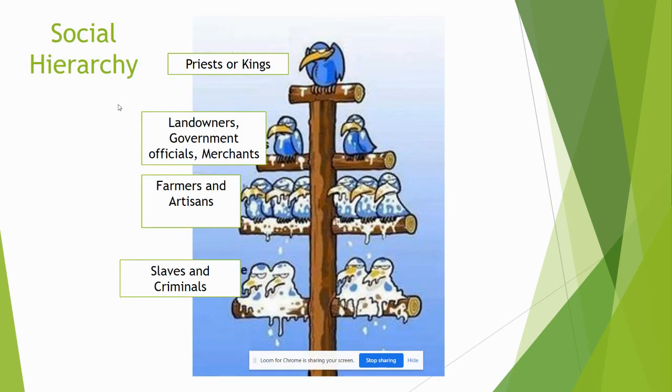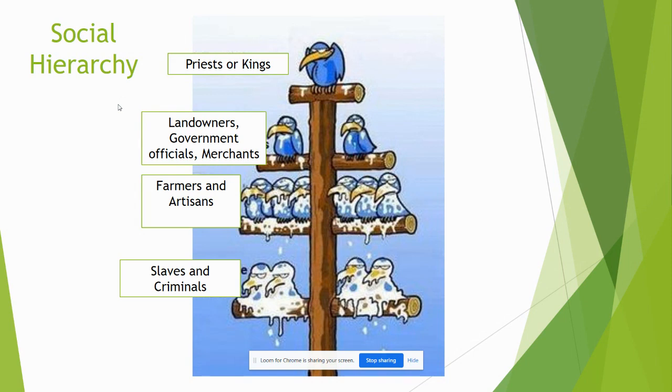So like I said, a social hierarchy is a way that we organize groups of people in our society. At the top, again, these are the leaders. These are people that are making the decisions and enforcing laws.